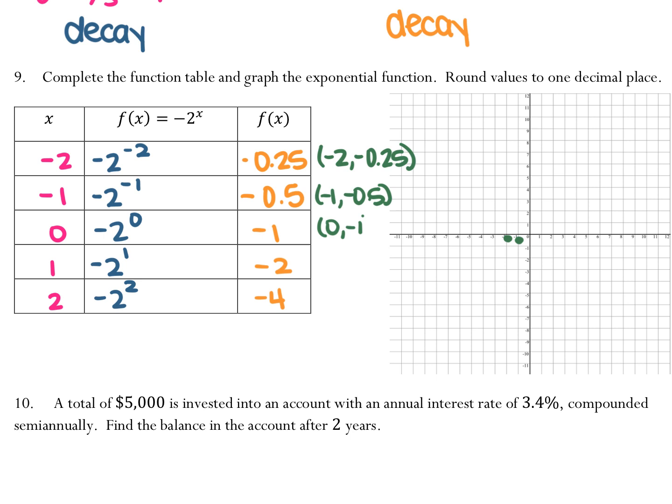Then 0, -1. So that's here. 1, -2 is here. And then 2, -4 is this point here. So we would draw our line through these points. We're going to get really close to that x-axis, but we're not going to cross over it.